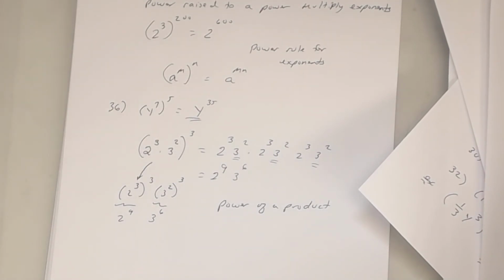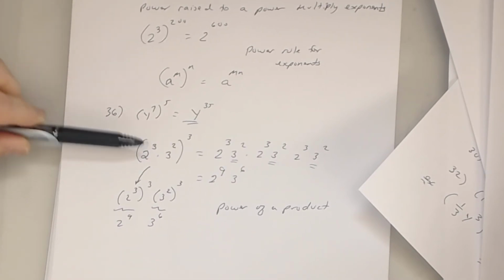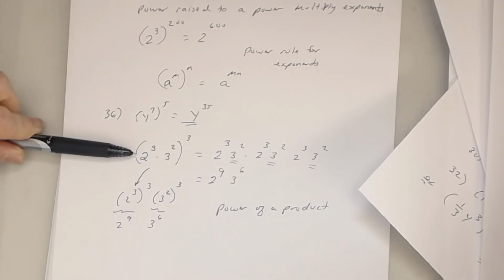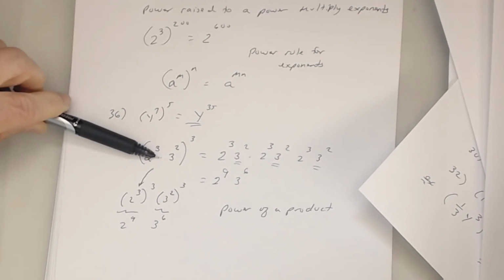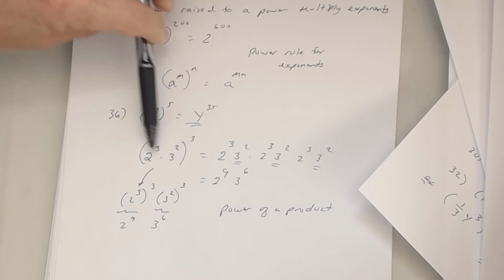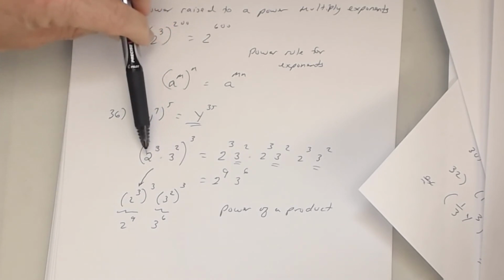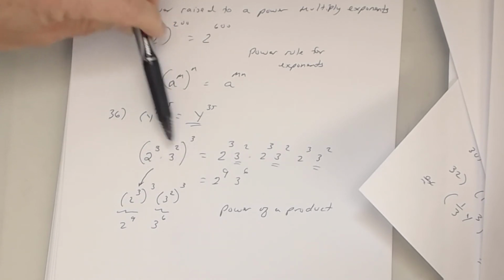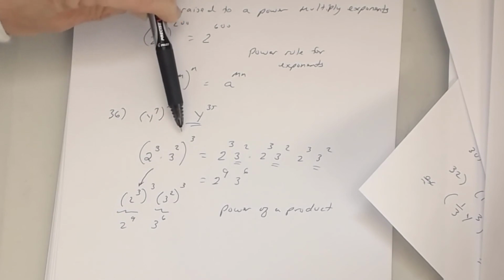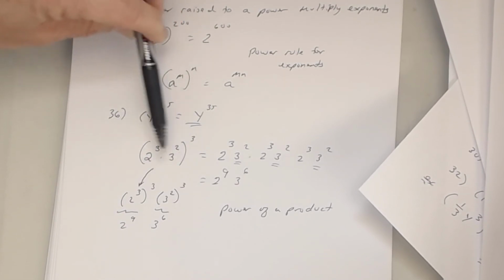Okay, so here's why it's called power of a product. Makes sense. In this parentheses I'm pointing to, inside the parentheses I have a what? What am I doing to those two things? Multiply. I have a product, right? And what am I doing to this product? Raising it to a what? A power. So hence a power of a what? Product.